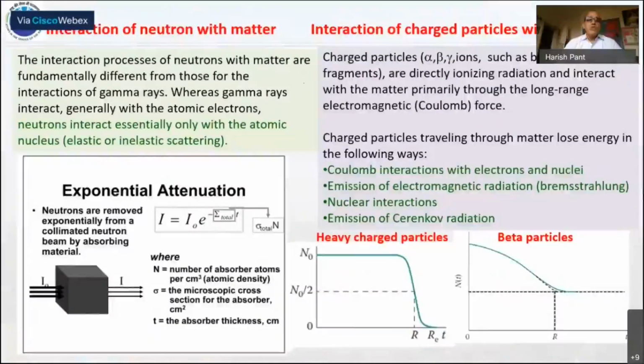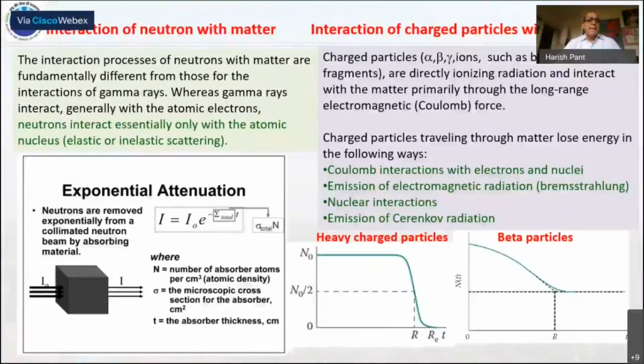But neutrons do not interact that way. Their interaction with matter is different. Neutrons interact with the atomic nucleus. They collide with the nucleus, and after collision there is a scattering.